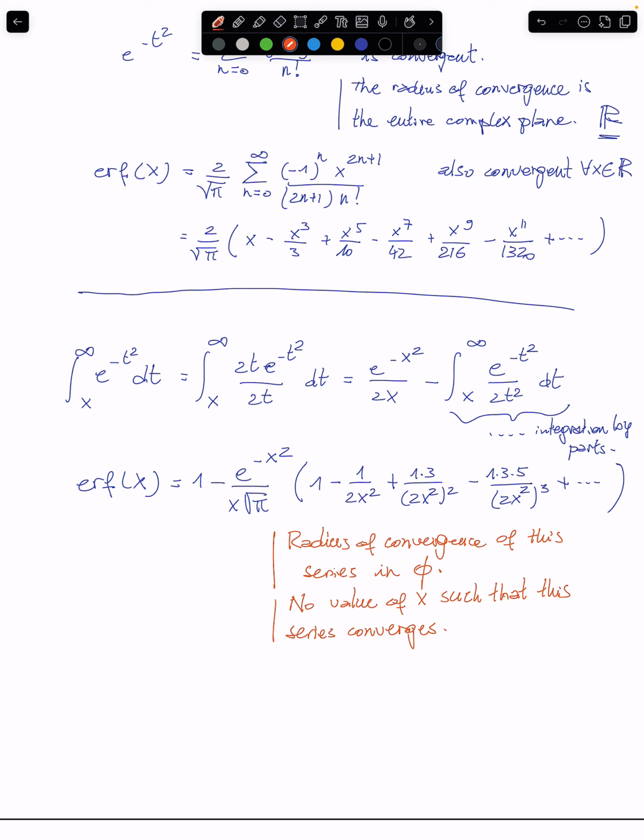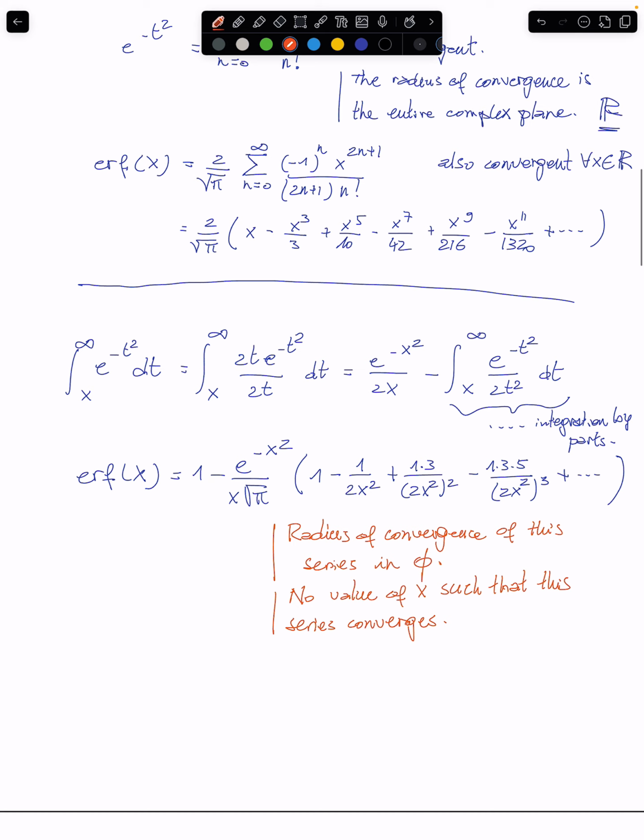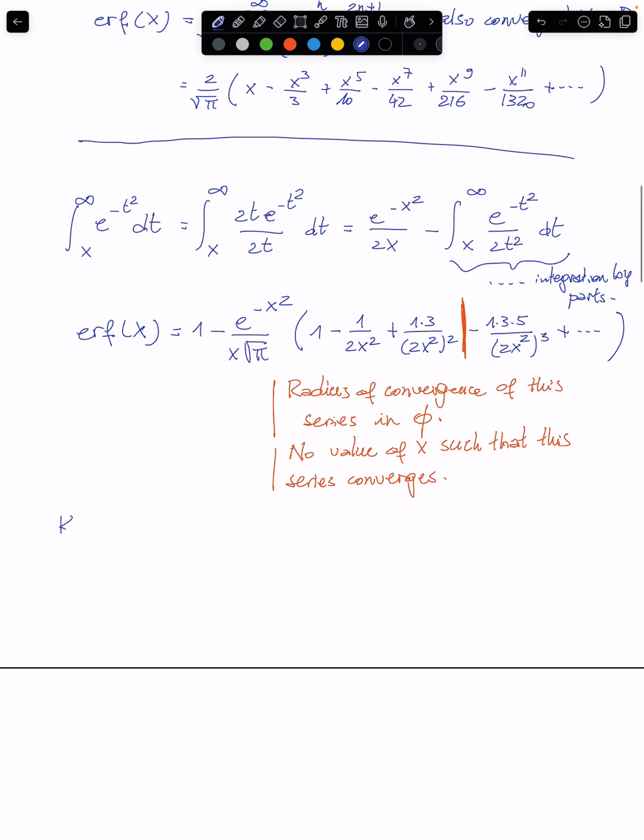All right. However, if we decide to truncate this series after the first 3 terms, for instance, that's just an example, if we keep 3 terms, we have an accuracy of 10 to the minus 5 when x is equal to 2.5.